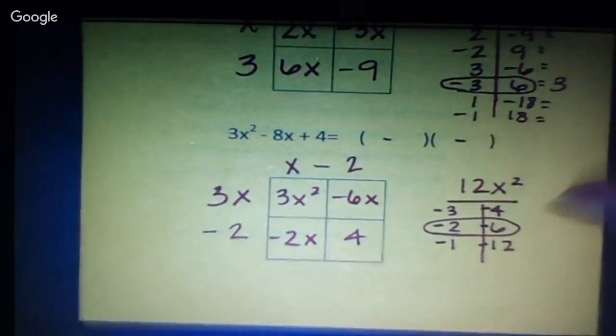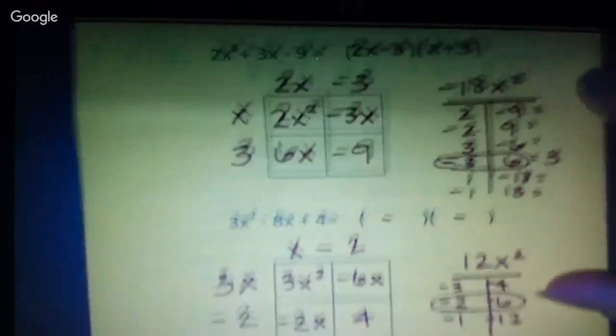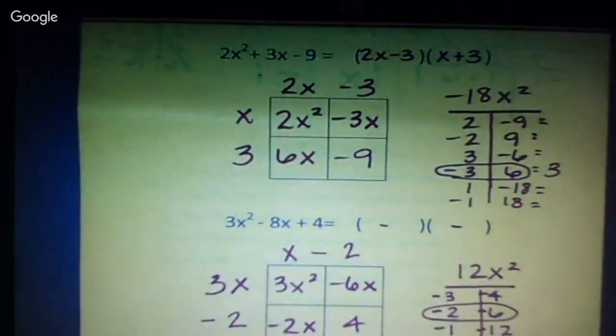Take a look up here. When I had a negative and a positive, look at my finishing factors. I finished with a negative and positive. Because these two are negative, negative, I need to finish with negative, negative.